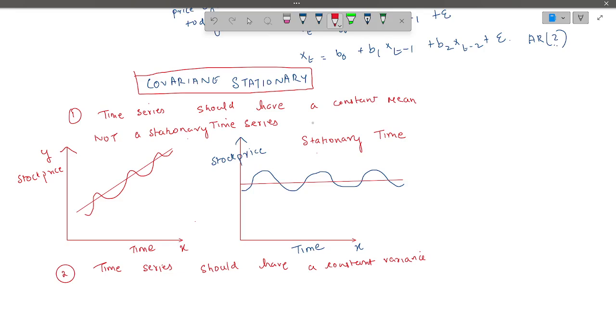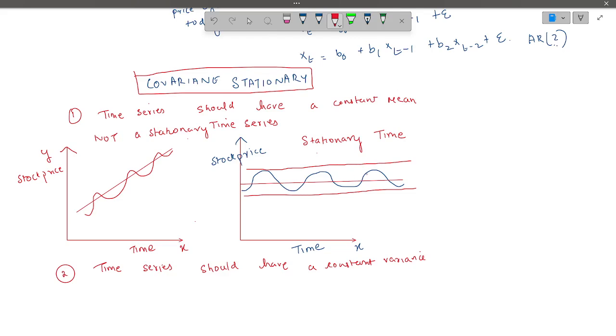तो ये पर्टिकुलर टाइम सीरीज देखो, this time series is basically revolving around a constant range, right? So it has a constant variance.